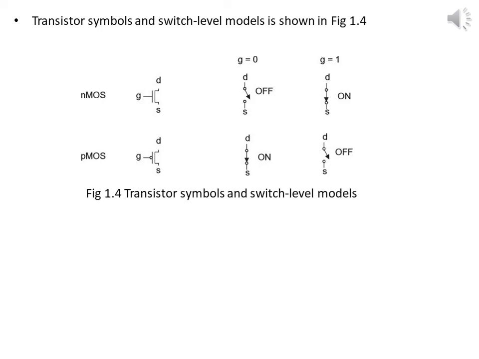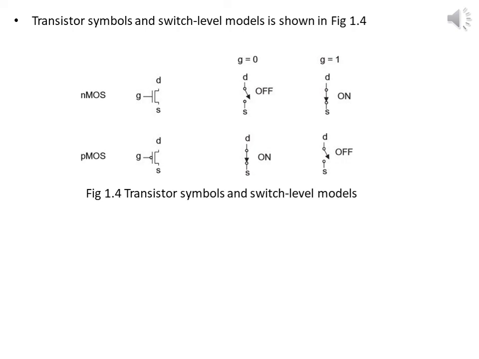So the whole process depends upon the condition of the gate. When G is 0, what happens in NMOS and PMOS, and when G is equal to 1, what happens in NMOS and PMOS, it is given clearly over here. So in NMOS, when the gate is 0, the drain to source is just open circuited, which is named as off condition.